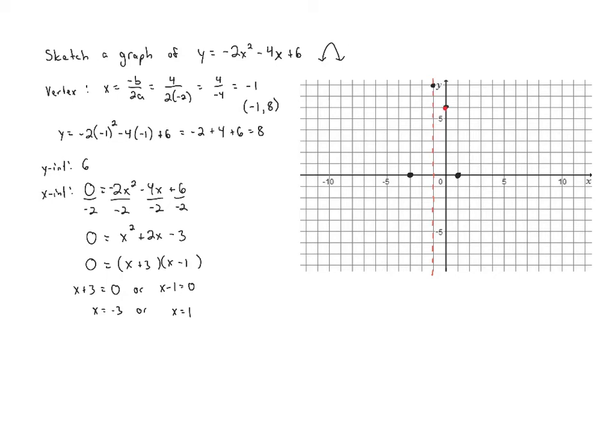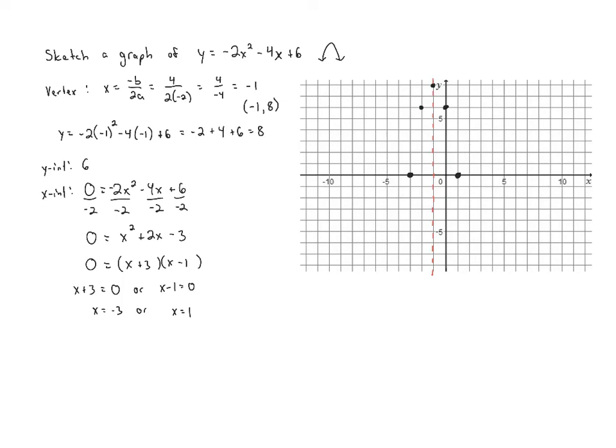There's also the point up here that's the y-intercept, and I want you to recognize this point is 1 unit to the right of that axis of symmetry. Because this has to be symmetrical, that means we're also going to have a point 1 unit to the left, right there. We need there to be a point here because of symmetry. Whenever there's a point on one side, there's going to be another point exactly opposite that on the other side.